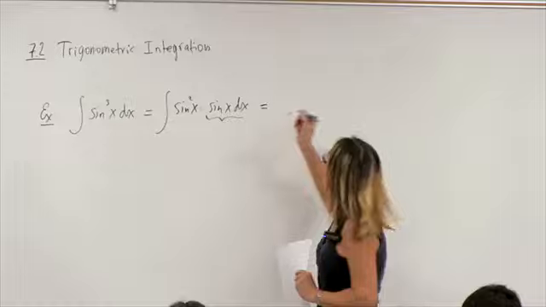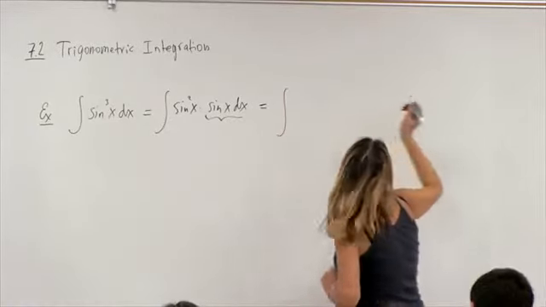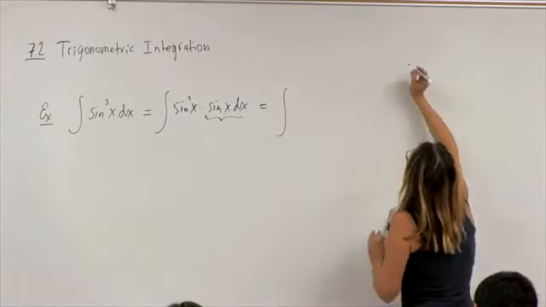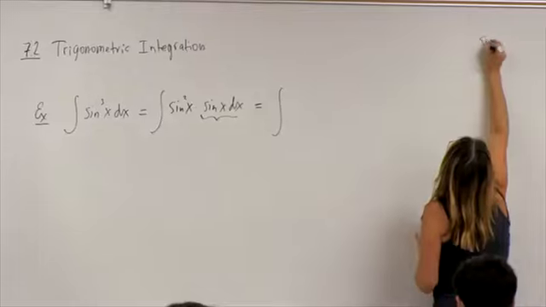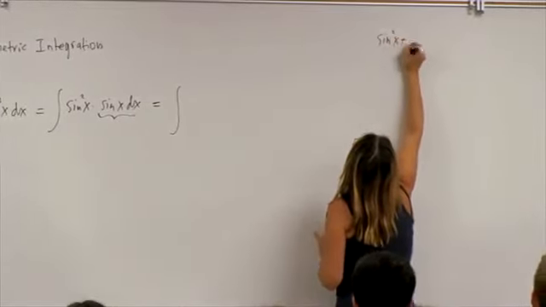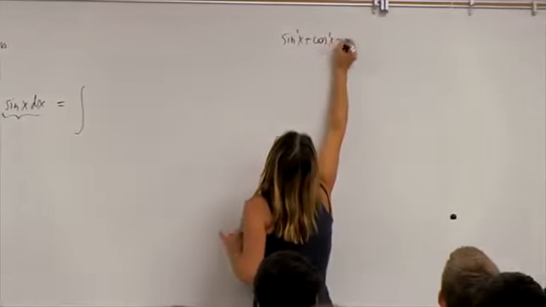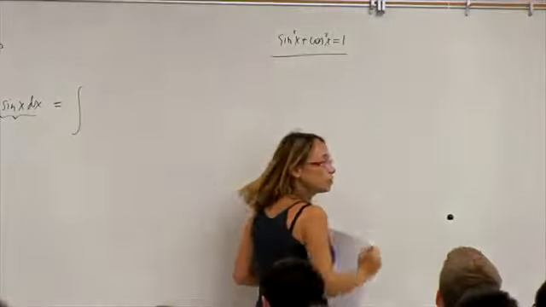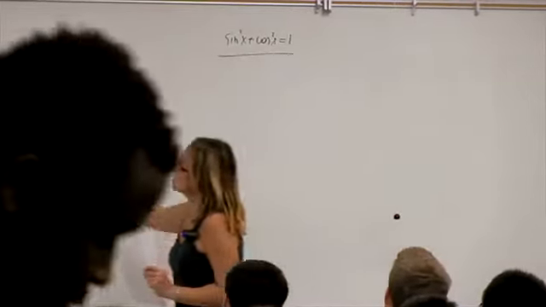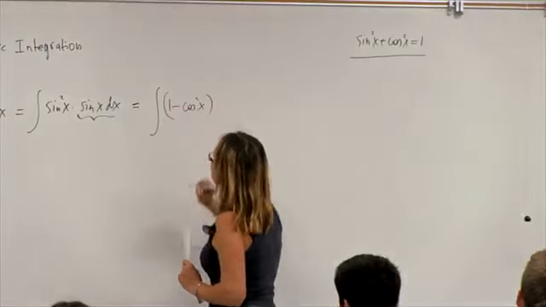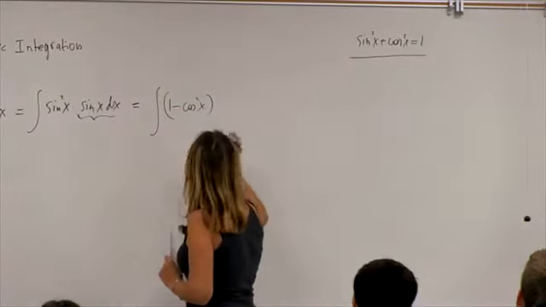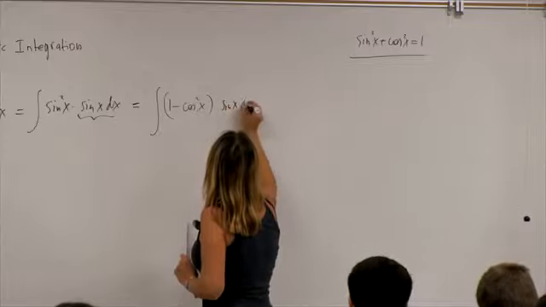And that's very easy because of the following identity: sine squared x plus cos squared x equals 1. Do you remember this? So sine squared is easily expressible in terms of cosine. And here I have sine x dx.